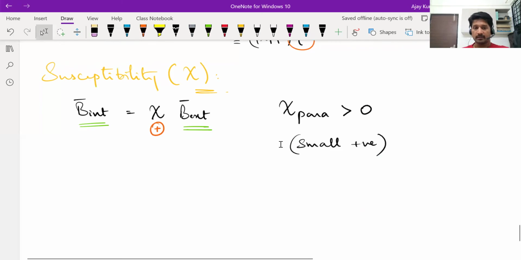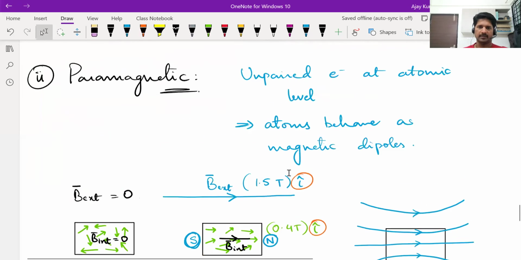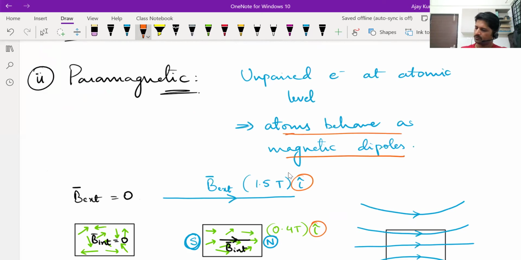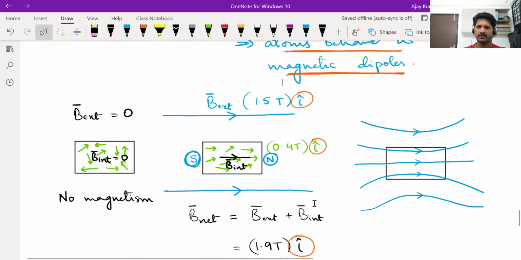Next, what happens to this susceptibility when we change the temperature of the material? Now this time in paramagnetic, at the atomic level itself, there were dipoles. Atoms behave as dipoles, right? When you put it in an external field, basically these dipoles tend to get aligned in the direction of external field. There's no perfect alignment, but they tend to tilt towards the direction of external field.